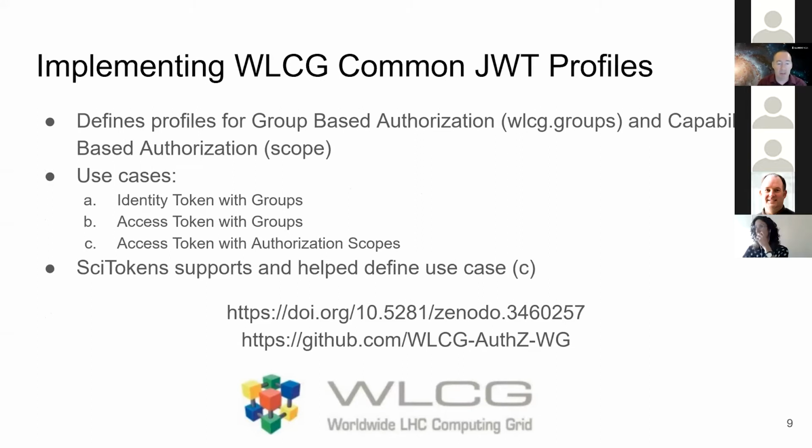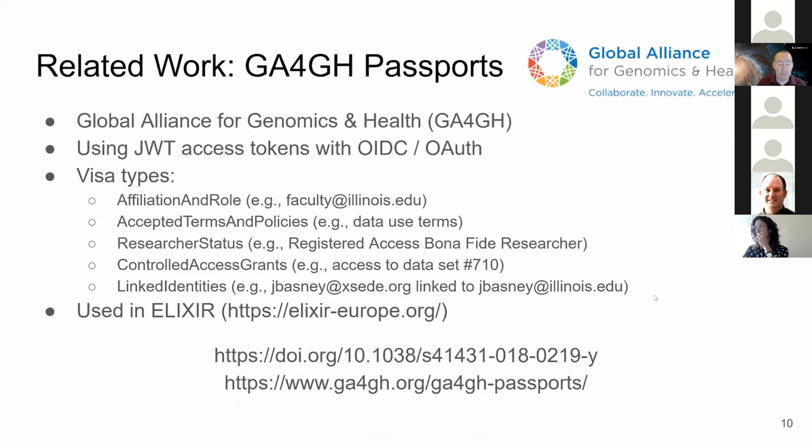And the WLCG authorization working group has been really valuable here for defining a set of profiles for using these tokens for different types of authorizations, group-based authorization with identity tokens and access tokens, but also capability-based authorizations with authorization scopes. And so the SciTokens project was involved in defining this profile, and there's the link there. So that'll also be key for interoperability with WLCG and other infrastructures as we use these tokens.